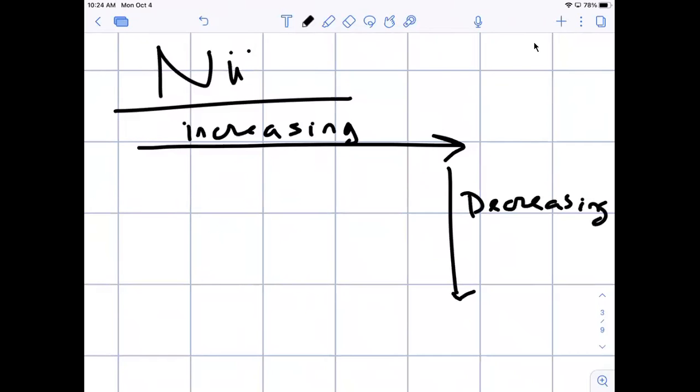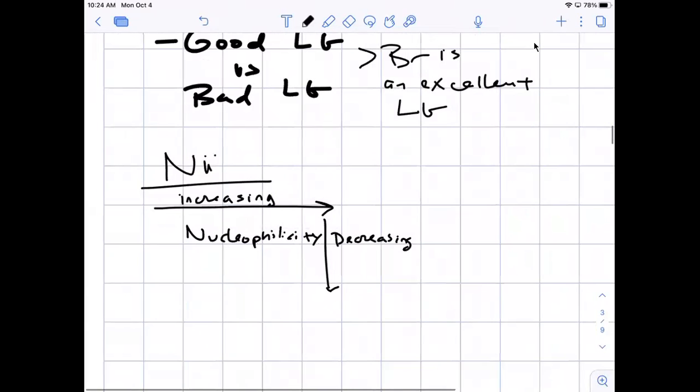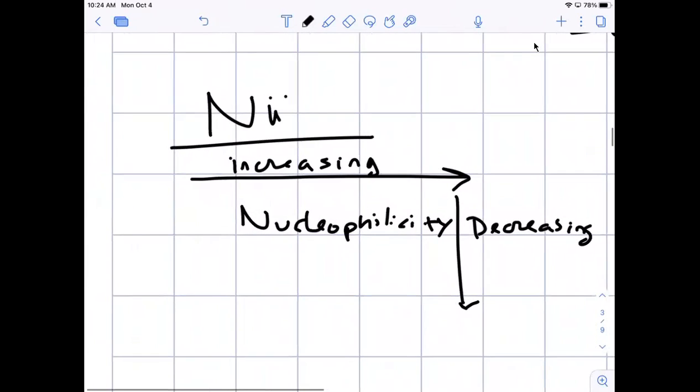So nucleophilicity increases from left to right. I'm sorry, not increases. That's my bad. It decreases. It decreases from left to right, and it decreases from top to bottom across the periodic table. So across a period and down a group, it decreases in both directions.